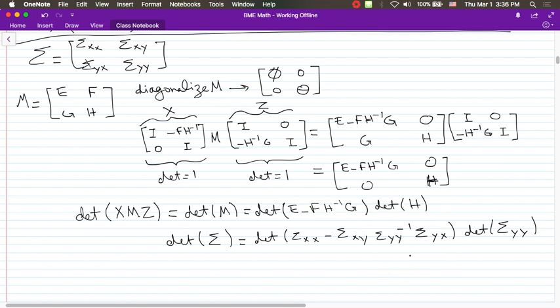I factored the determinant of y out of the determinant of the joint probability.